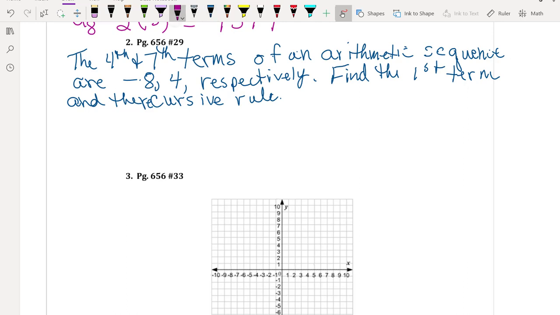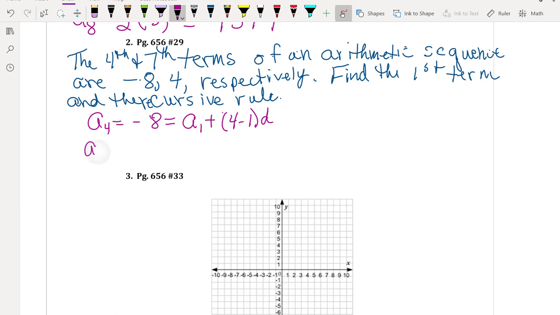So here's what we know. We know A4 is equal to -8, and that is going to be A1 plus 4 minus 1, because we know n, times D. That is not AN, that's A4.